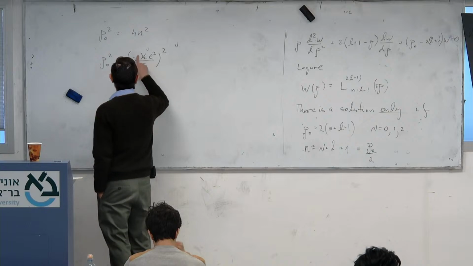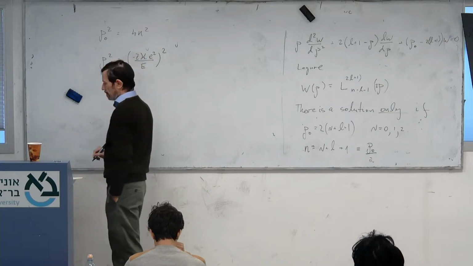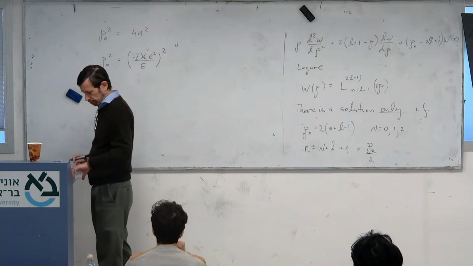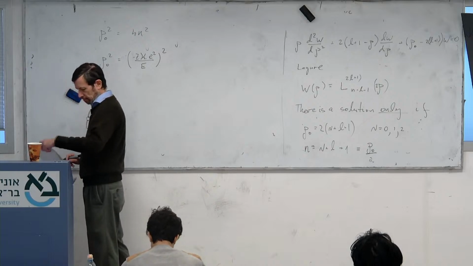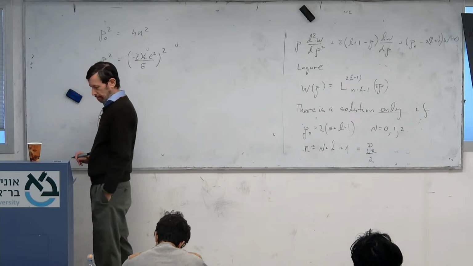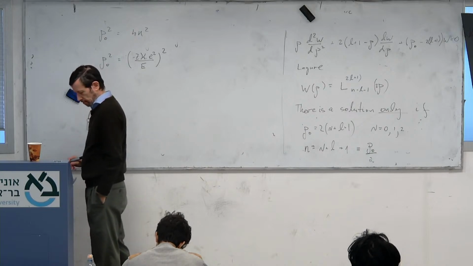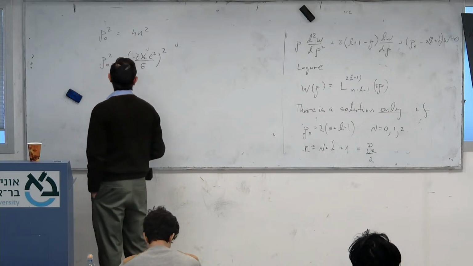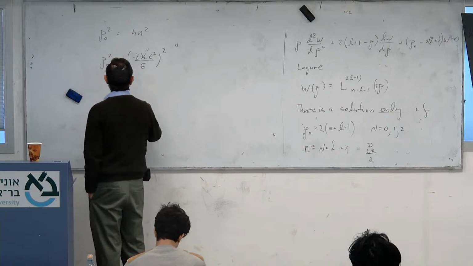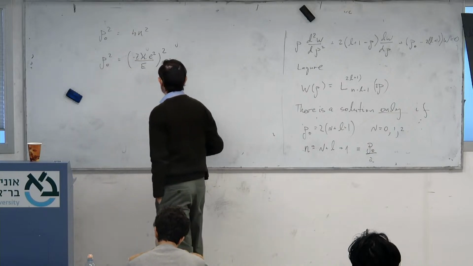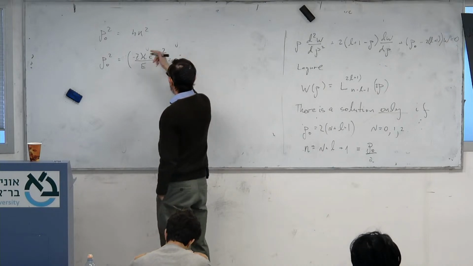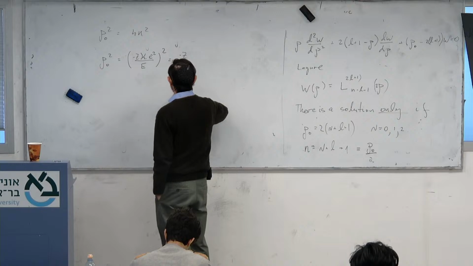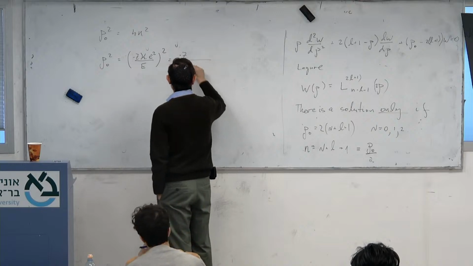It's not 2, it's Z. So, okay, the minus dies out.